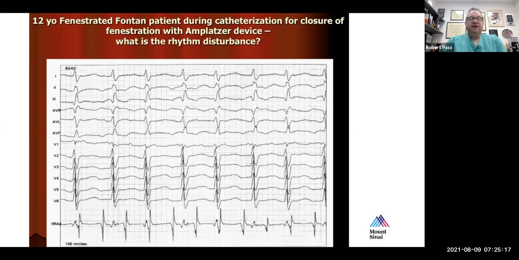Similarly, if you're doing a Fontan fenestration closure, your catheter or your guide wire in the atrium could potentially tickle the AV node. If you came out of the lab in heart block, what percentage of those patients recover? I want to say 80 to 90%. Actually, it's about two thirds. It's a little less good than that.